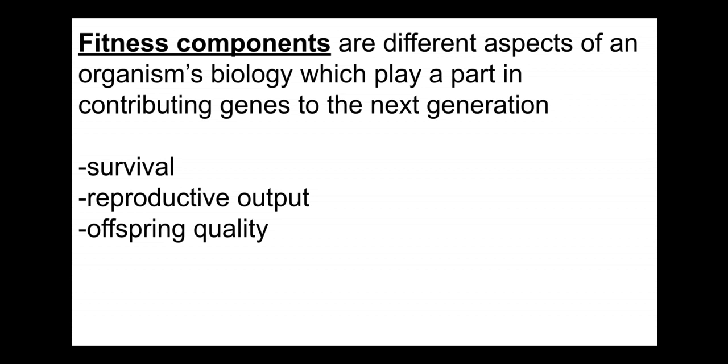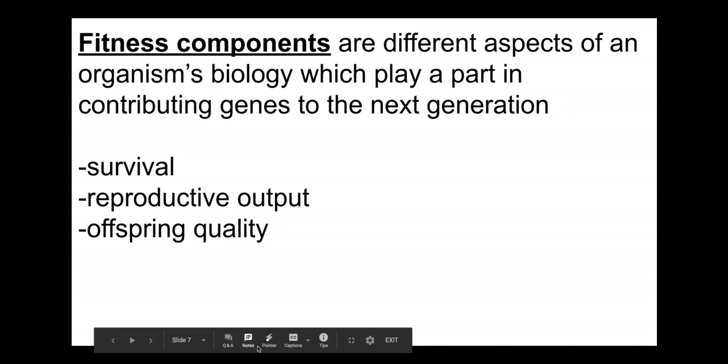Also, offspring quality is another fitness component. If you produce big fat babies, if you're a mammal, that's generally a good thing. Those are babies that are most likely to survive their vulnerable childhood and go on and pass your genes on into the future. So each one of these is a fitness component.